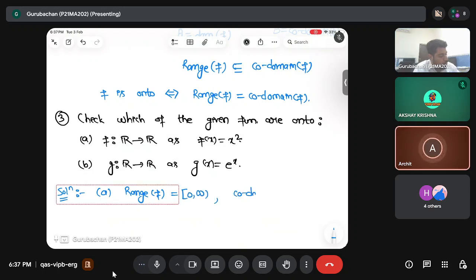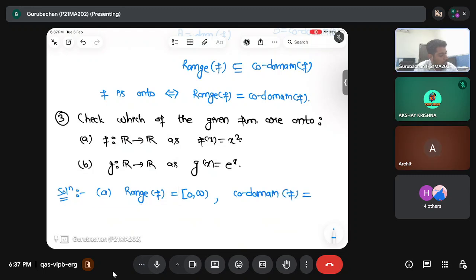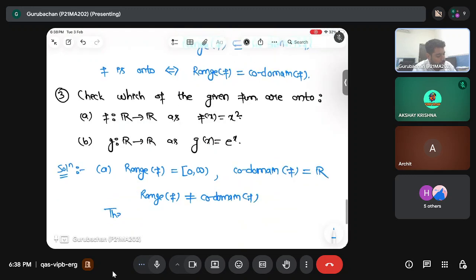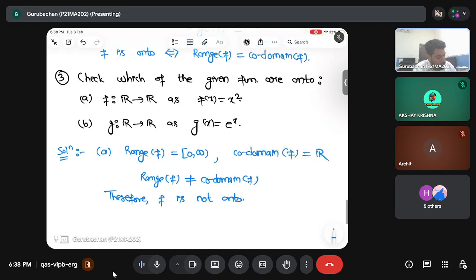So it is not equal to the codomain. The codomain of f is R. So the range of f is not equal to the codomain of f. Therefore, f is not onto.